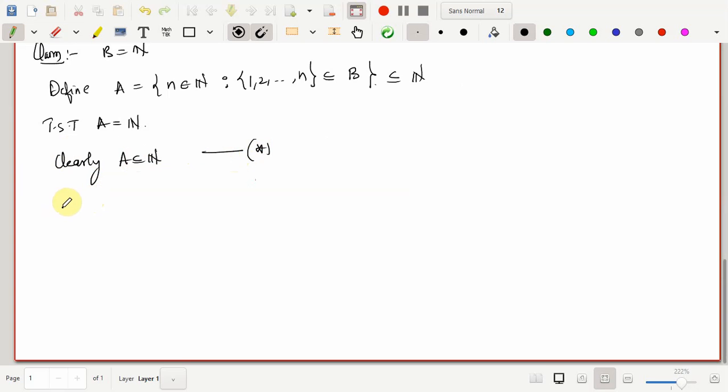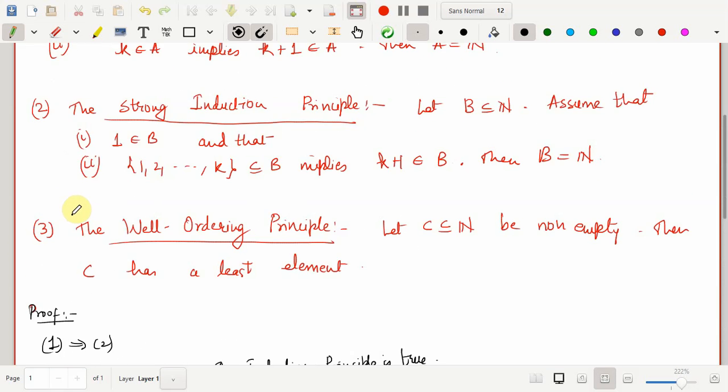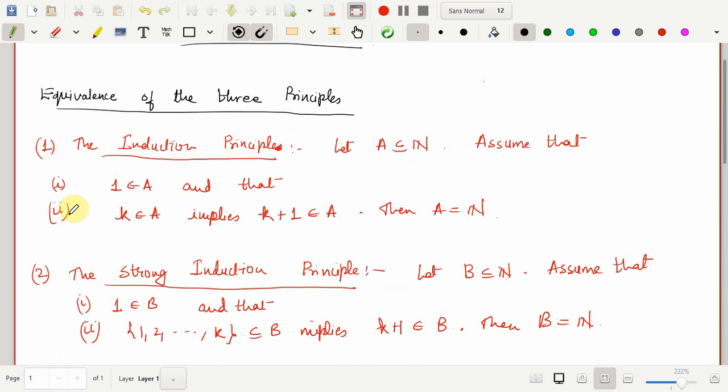We already have that. We need to show that 1 is in A. Secondly, we need to show that whenever k is in A, that implies that k plus 1 is in A, and that will automatically imply that A is equal to N. So in fact we are not using the standard way of proving that two sets are equal.